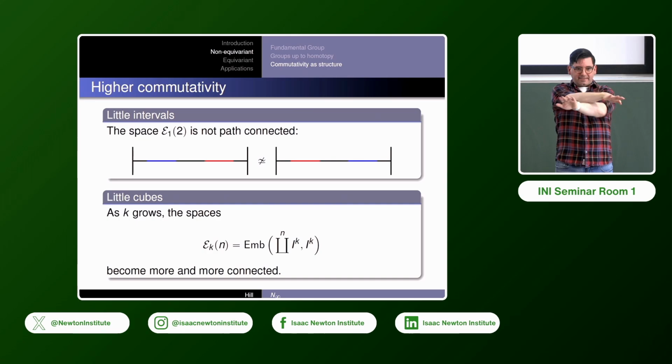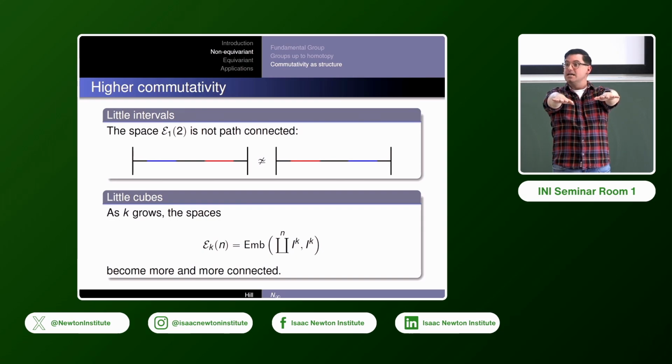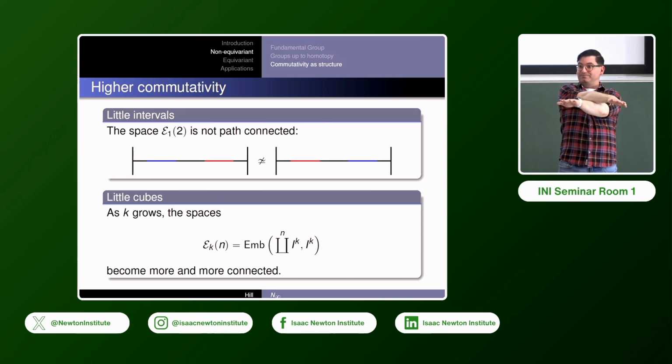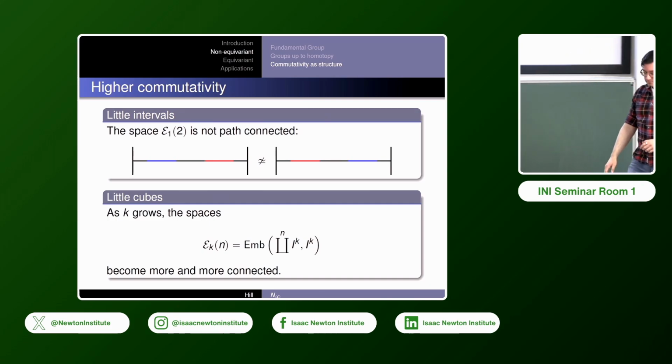And so this embedding of my hands into the interval is distinct from this embedding of my hands into the interval. One of these gave me the standard multiplication on the fundamental group, this one, because this is the preferred order for me of my hands. And then this one gives me the opposite multiplication for my group, and those are just different. I can't combine one to the other.